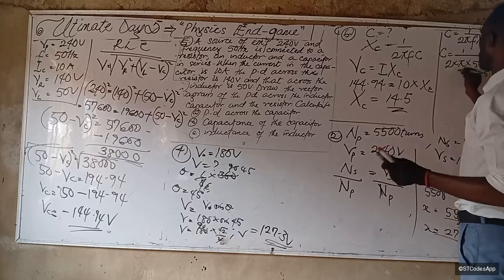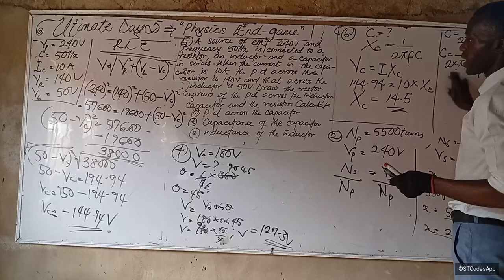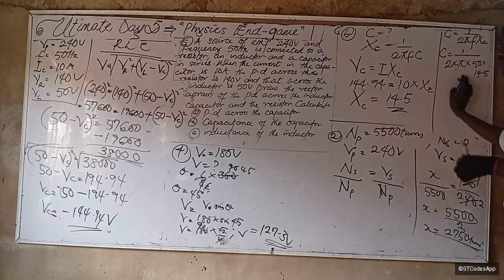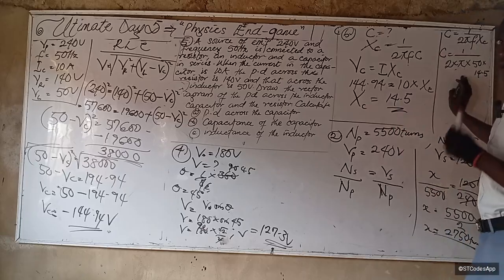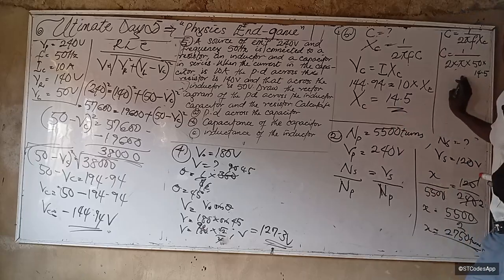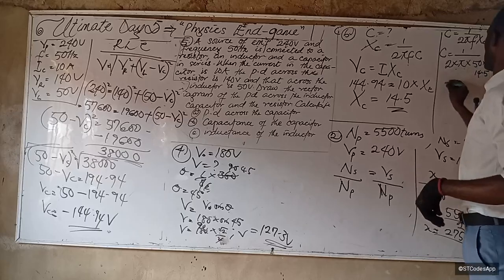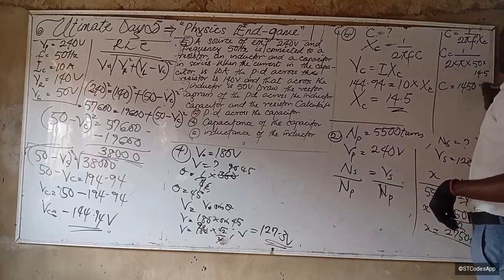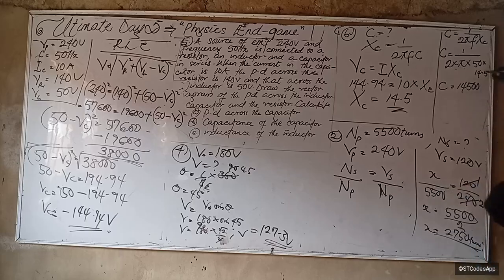Let's leave pi, since pi will appear in your options. So 2 times 50 is 100, times 14.5 is 1450 pi. Are we clear? Farad, right?